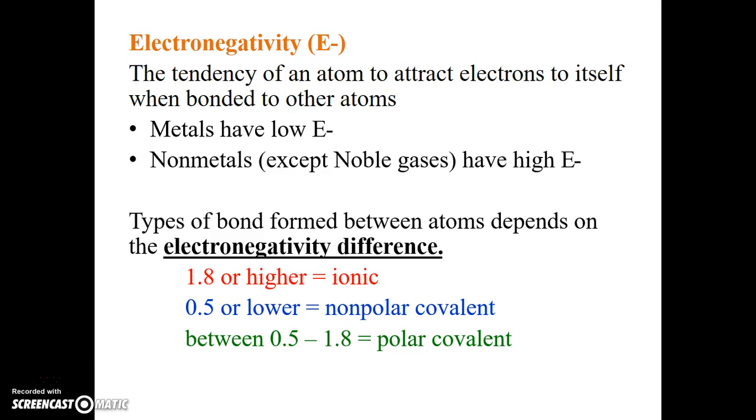You have nonpolar covalent, where the electrons are shared equally between the 2 atoms because their electronegativities are fairly equal. Or polar covalent, meaning the electrons are shared, but again, one element kind of hogs the electrons more than the other, creating sort of a negative side to the bond.